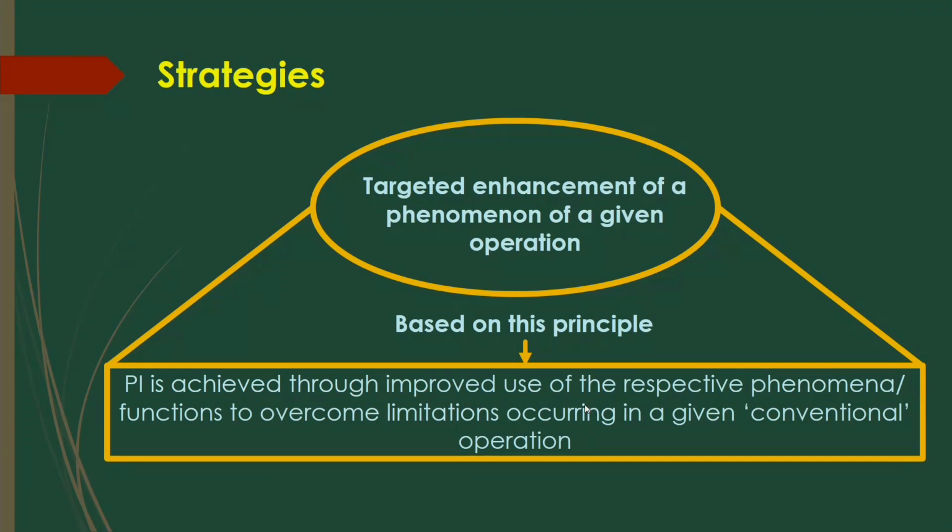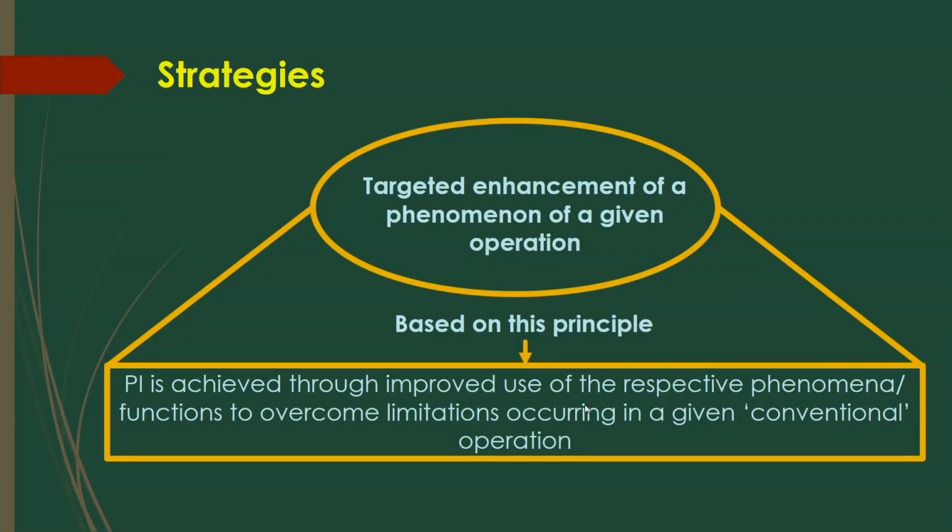And targeted enhancement of a phenomenon of a given operation also influences the process intensification, through improved use of the respective phenomena or functions to overcome limitations occurring in a given conventional operation.